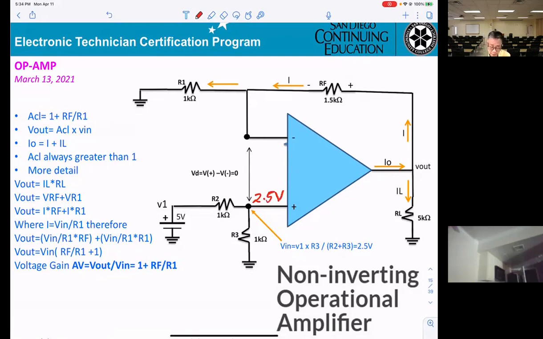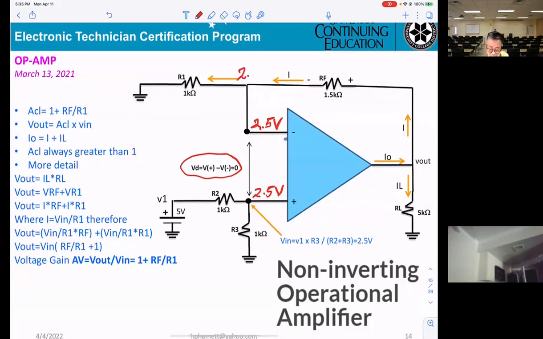And you know at this negative terminal here, you also get 2.5 volts. The reason is VD equals 0. That means V positive and V negative have the same voltage. But it's not a virtual ground anymore. The thing is, they are not connected to the ground. Okay? And 2.5 volts here, you get 2.5 here.